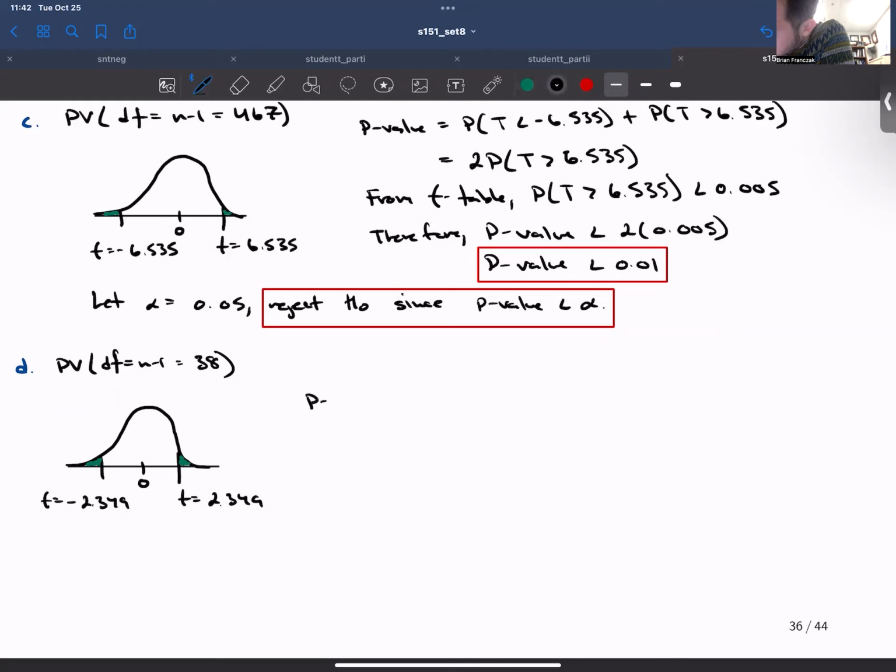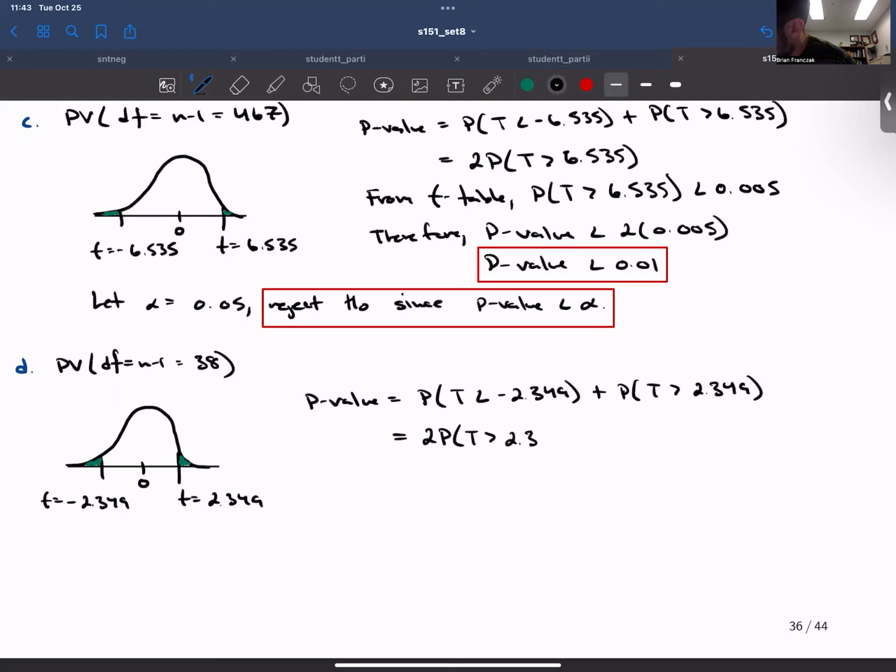So just like above, the p-value is the probability that t is less than negative 2.349 plus the probability that t is greater than 2.349. So this is 2 times the probability that t is greater than 2.349.